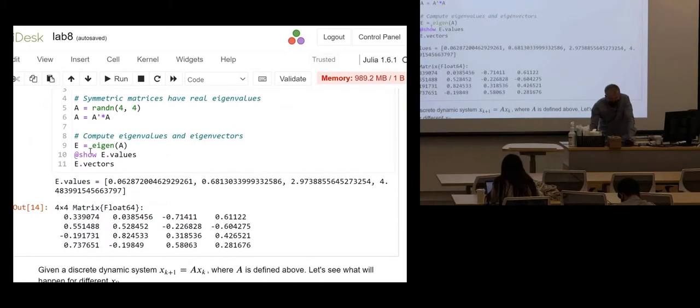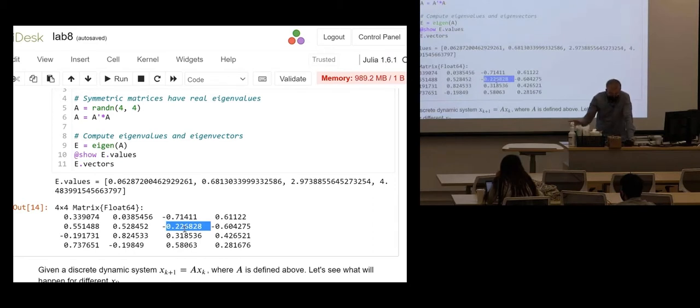So here's the first eigenvalue. Here's the third eigenvalue. So what's going to happen to the linear combination 2 times V1 plus 3 times V3 when I iterate it through the matrix? What's going to happen? Will it stay bounded? Will it shrink?